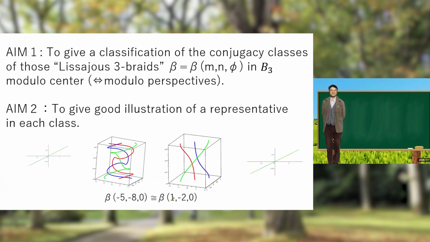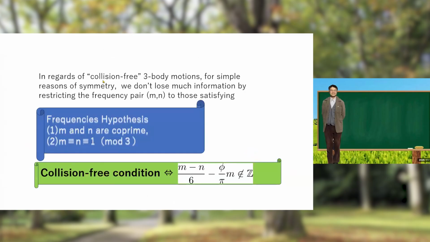Conjugacy class means identifying the topologically equivalent classes. We want to make the problem simpler in the collision-free case. This is a first assumption, but also for some reasons of symmetry, we don't lose much information by restricting the frequency pair to the coprime case.